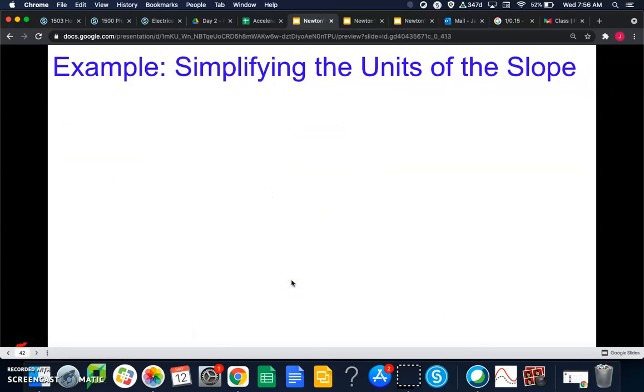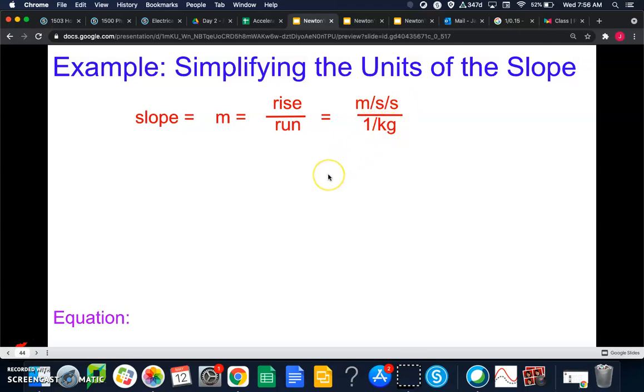Okay, so let's simplify the units of the slope. Remember, slope, sometimes written as m, is just your rise over your run. In this case, our units for our slope were meters per second over 1 over kilograms. So we're going to do the same thing and write this as fractions.